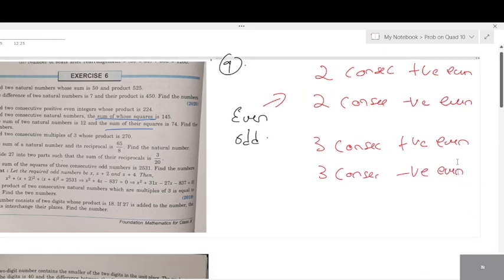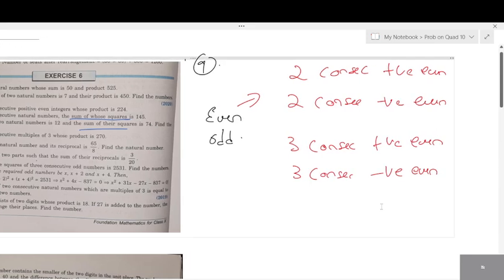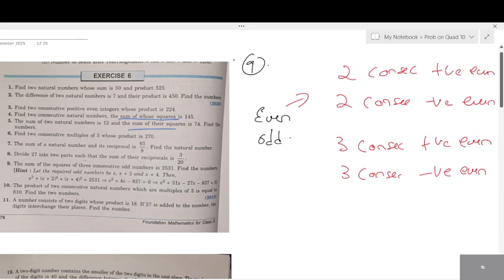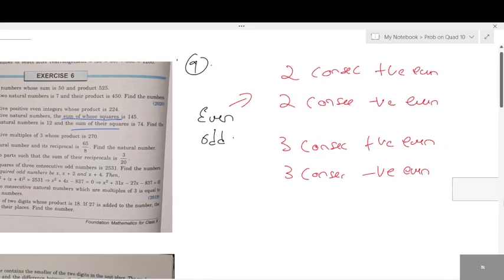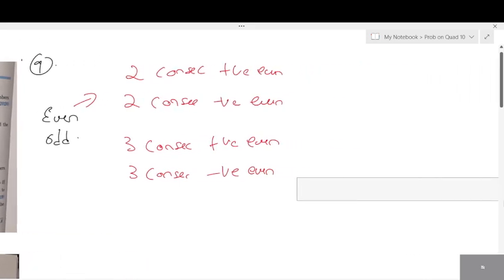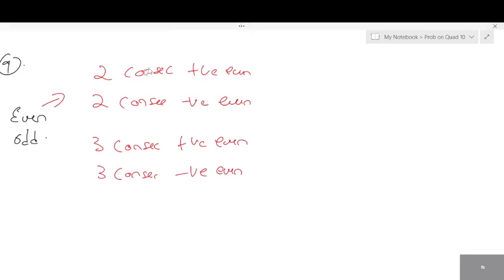Odd numbers I'll teach next. Whenever the word consecutive is given, consecutive is continuous. For even numbers you always take 2x as the first number.